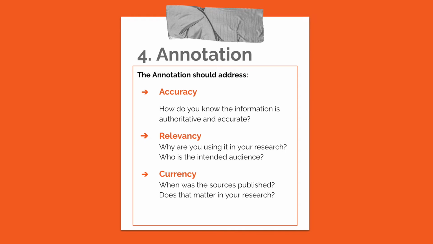Your annotation should also address accuracy. How do you know that the information in the source is accurate? Or maybe you know it's not accurate. Why are you including this information in your research? What's the relevancy?